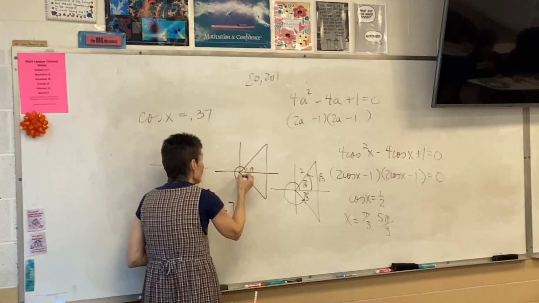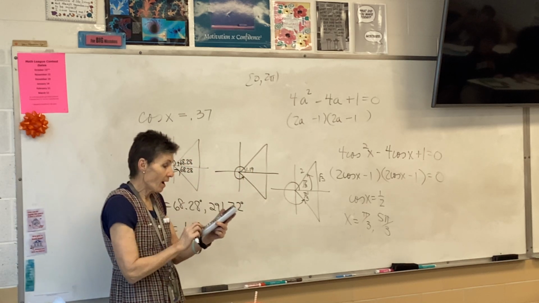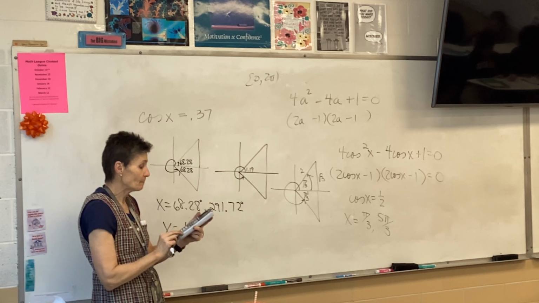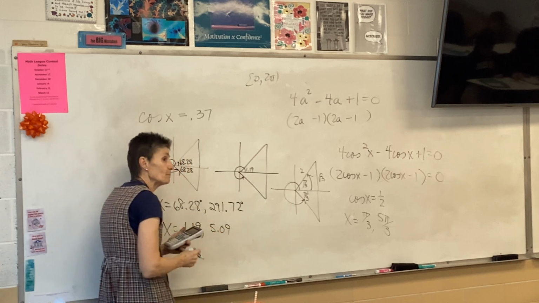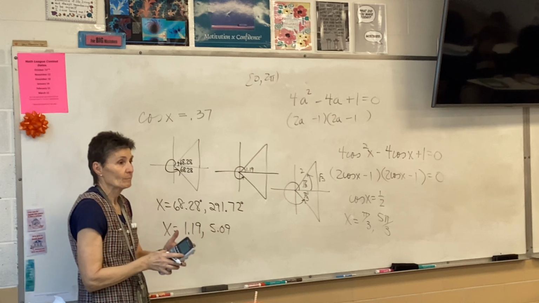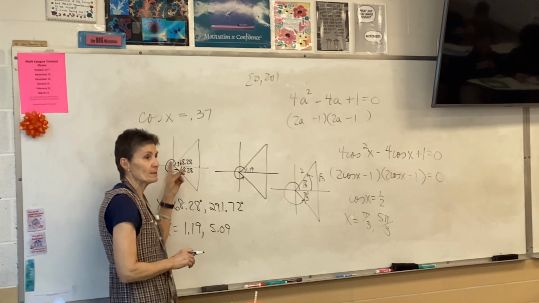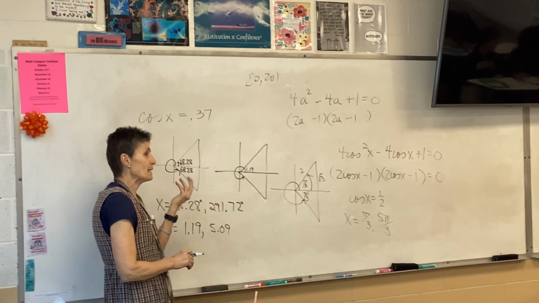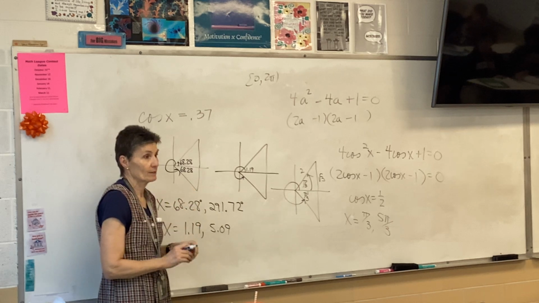And then how will we find the other one? 2 pi minus 1.19, 5.09. So if I'm in degrees, I'm taking 360 minus my calculator answer. If I'm in radians, I'm taking 2 pi minus my calculator answer.